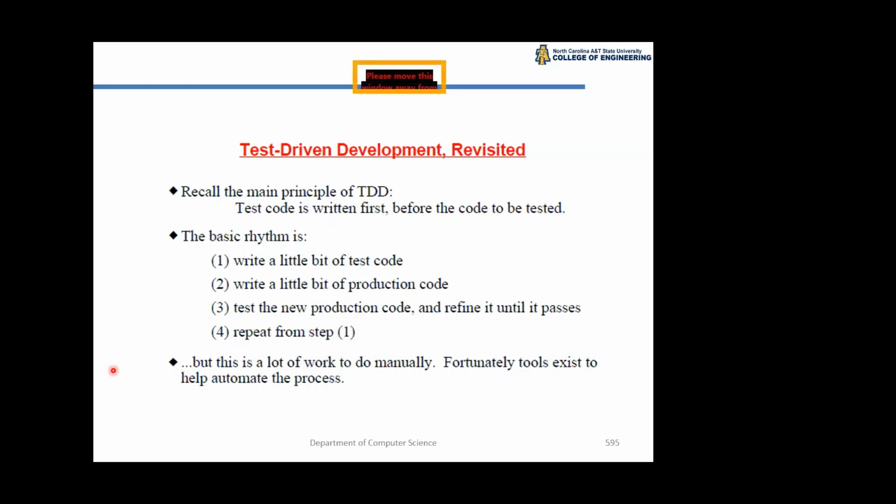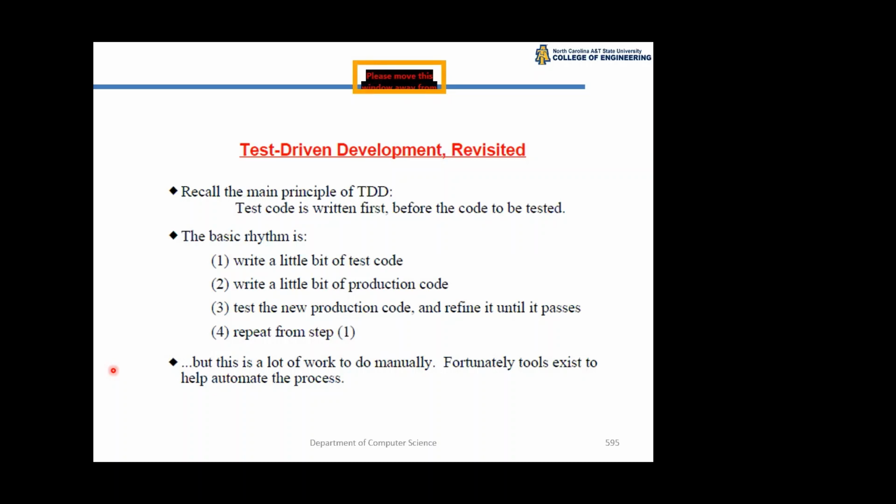So what is the basic philosophy of test-driven development? It's basically that you need to write the test code first, even before you write your production code or the main code, which is pretty interesting. The basic steps are like this: first you start with a little bit of test code, and then a little bit of production code.